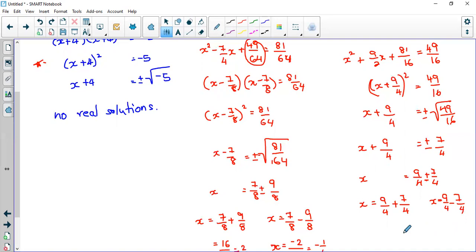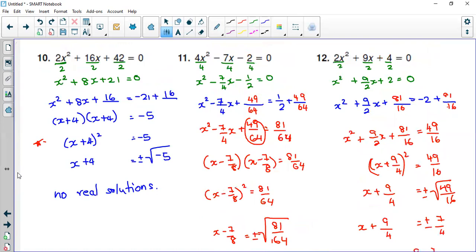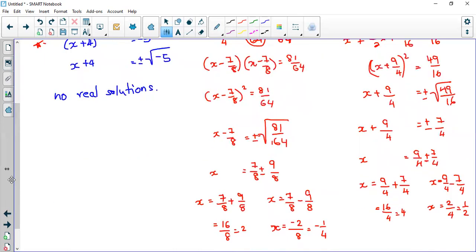Which would mean 9 plus 7 is 16. 16 over 4 would give you a 4. Right? And the other one is x is equal to 9 minus 7 is 2 over 4. Simplified would give you a half. So the two solutions of x are 4 and half.